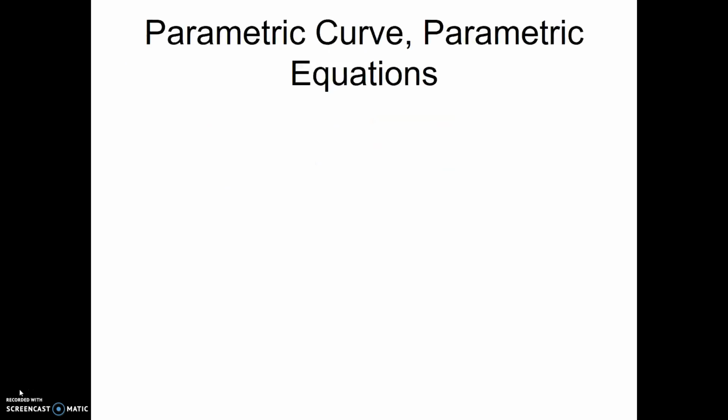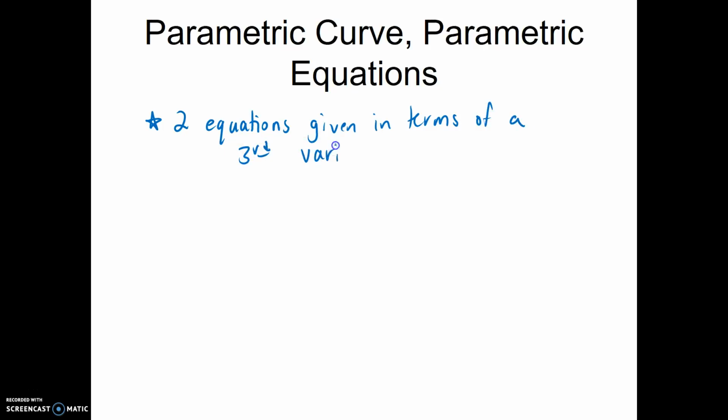Let's get started by seeing what a parametric curve or parametric equation is. It is two equations given in terms of a third variable. What this is going to do is open up our options in terms of how we think about things.